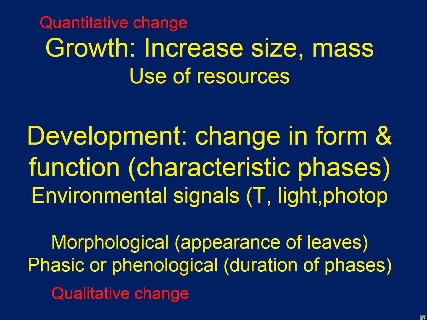We can distinguish between morphological development, for instance, the appearance of leaves on the stem of the plant, or phasic or phenological development, which is related to the duration of the phases in the crop cycle. But we have to emphasize the idea that growth means a quantitative change, while development means a qualitative change in the plant.